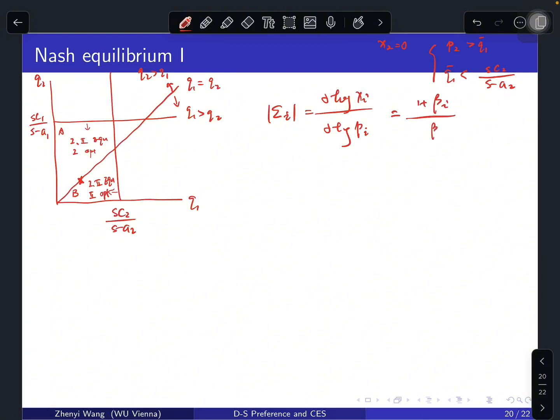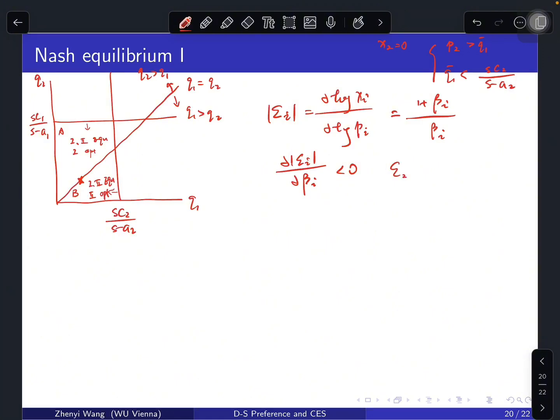And we know that it's a function of beta. From this relationship, we know that demand elasticity is a decreasing function with respect to beta, because if we take the partial differentiation of epsilon i over beta i, it is smaller than 0.